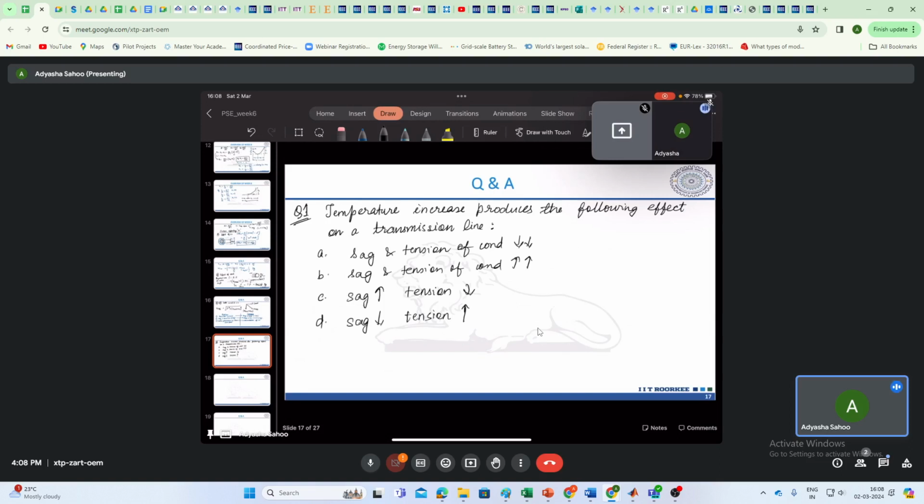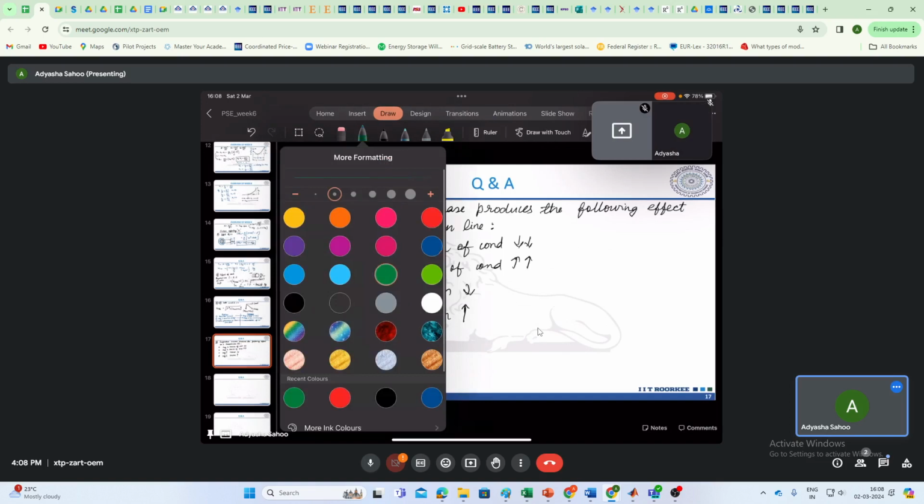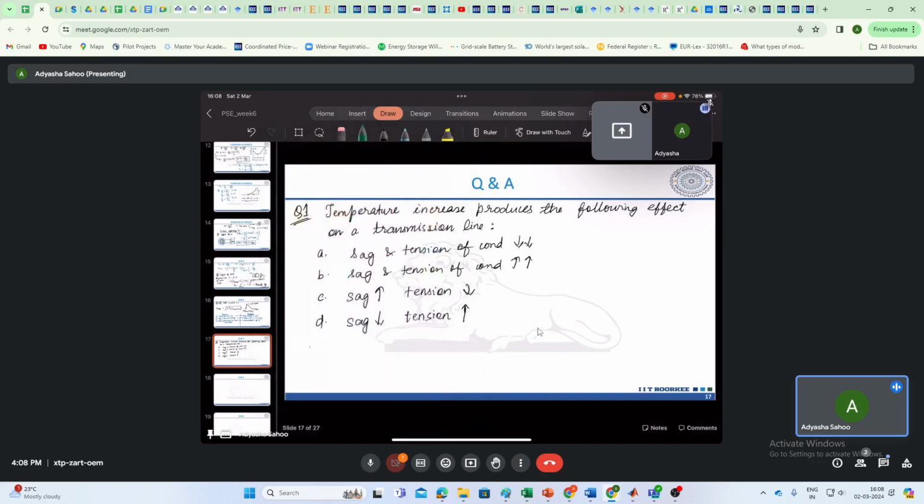So we have seen earlier, yes. Whenever there is a rise in temperature, the conductor will expand, so delta L will increase, or you can say the length is going to increase. That will imply that your sag will increase.